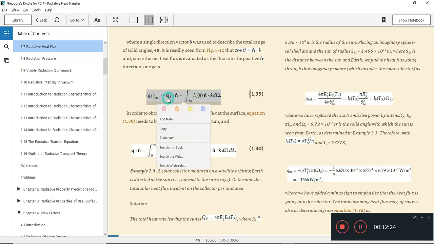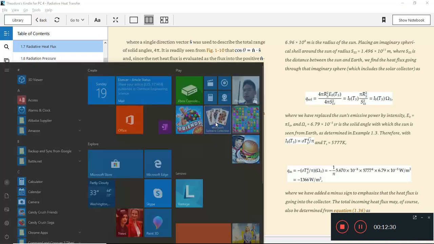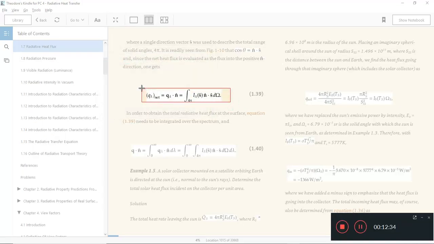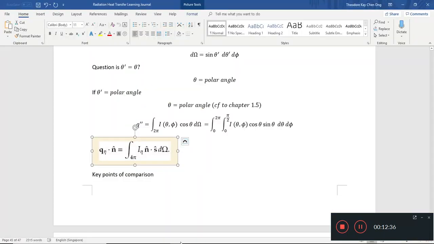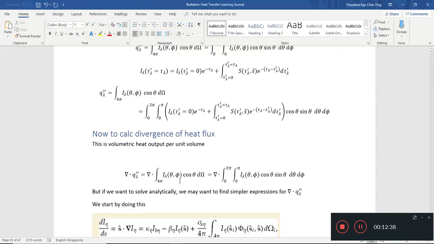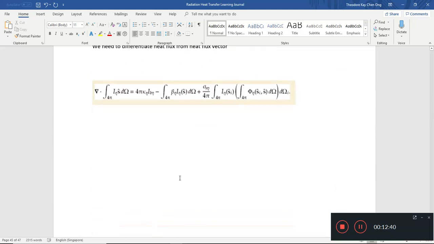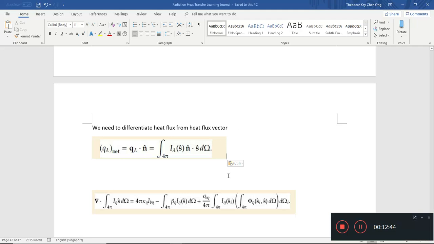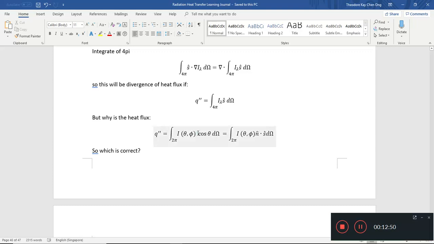Then this Q lambda here is the heat flux vector with dot product with the surface normal. So this is the very important relation we must have here. So this is where we get it from. Alright. So this is where the cosine theta comes from.